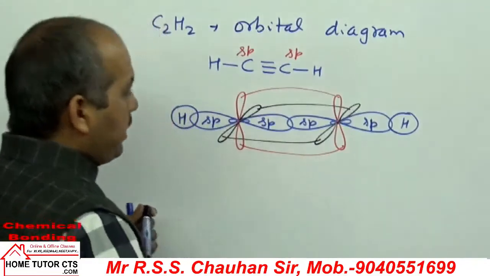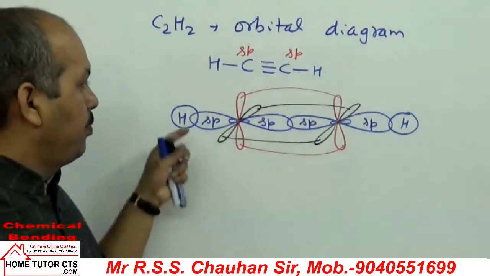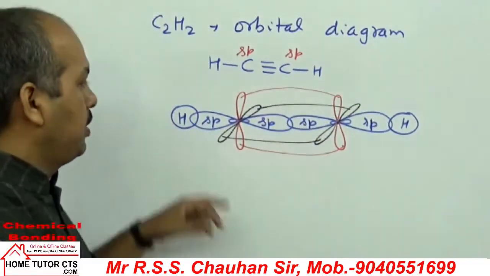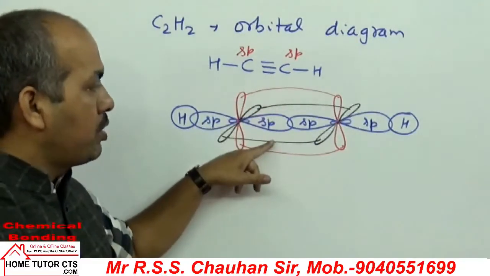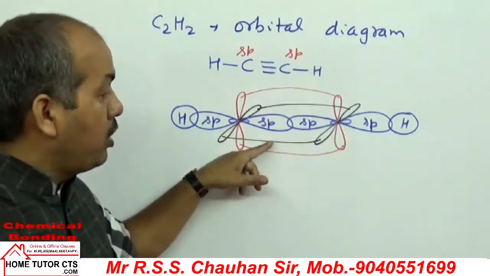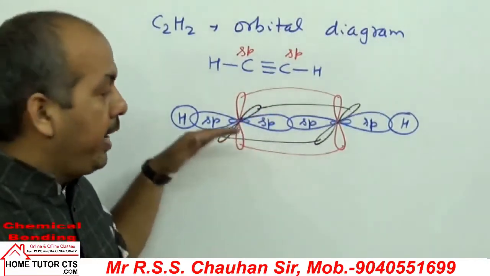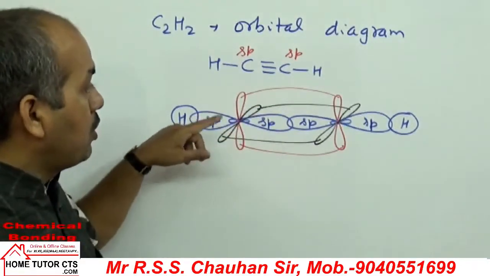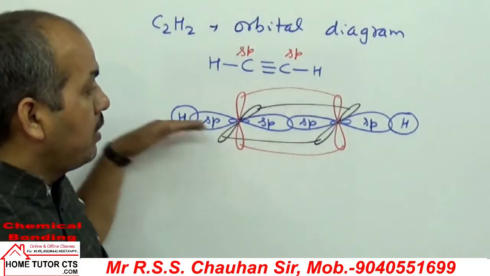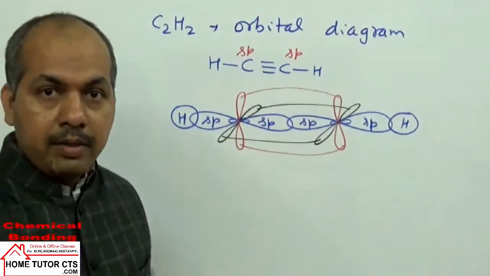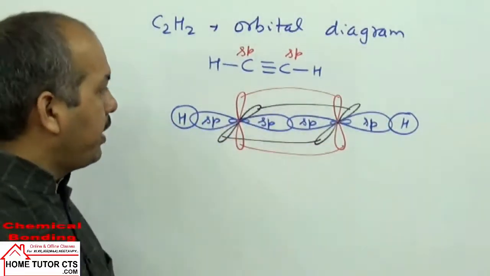So what we can see in this case is that the shape becomes linear around each carbon, and we have two pi bonds mutually perpendicular to each other, and together they are also perpendicular to the molecular axis. So what happened in this case?